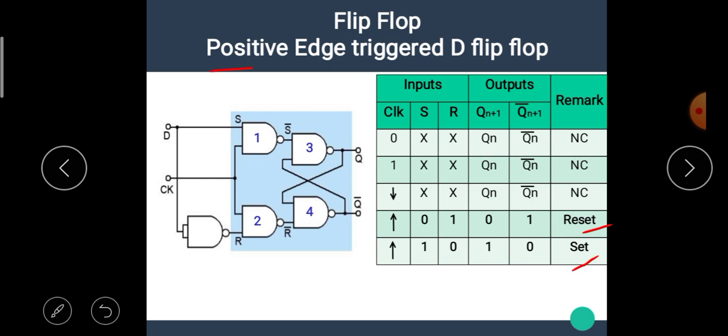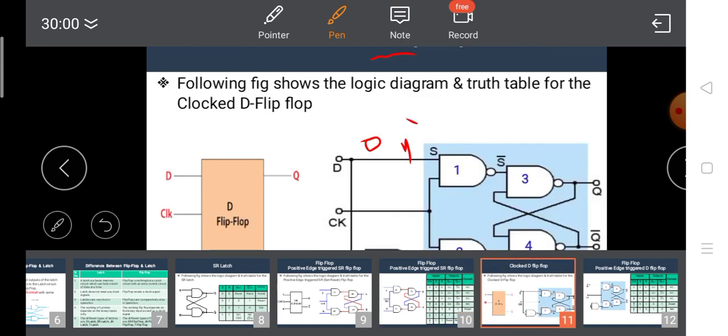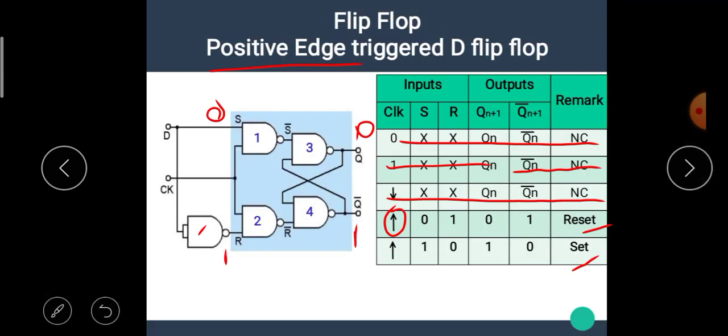We have seen the positive edge triggered D flip flop, hence clock 0 has no change, clock 1 has no change, falling edge has no change. But when the first rising edge occurs, then S becomes 0 and R becomes 1 because of this inverter. Hence we get the output 0 1, that means the reset condition.